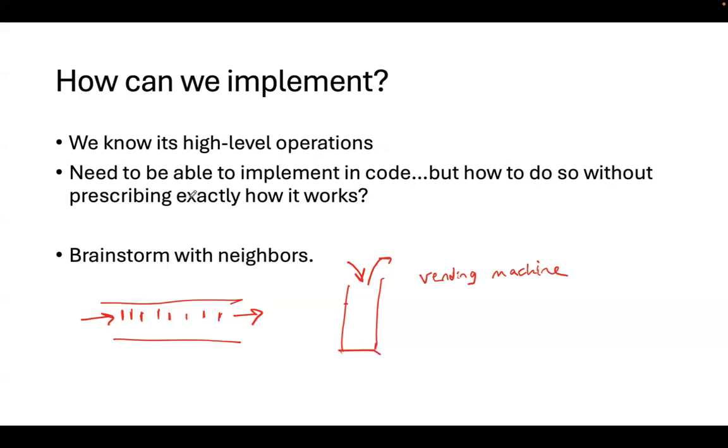So now we need to be able to implement this. It's nice to have these ideas in theory. We know what sort of operations we want stacks and queues to have, but we need to be able to implement it in code, and I want to be able to do that without prescribing exactly how this is going to work.